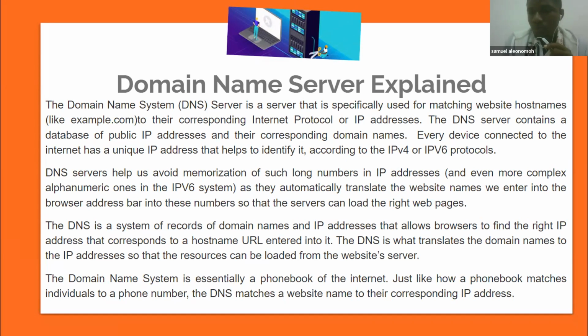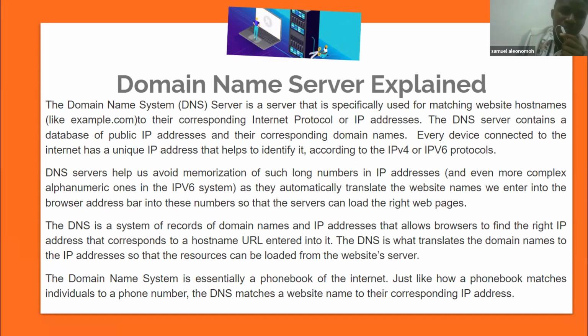We have IPv4, which has now been exhausted, and we have the IPv6 protocol, which is the new one. When you see an IP address that has only numbers, that's IPv4. When you see an IP address that has both numbers and characters, that is IPv6.